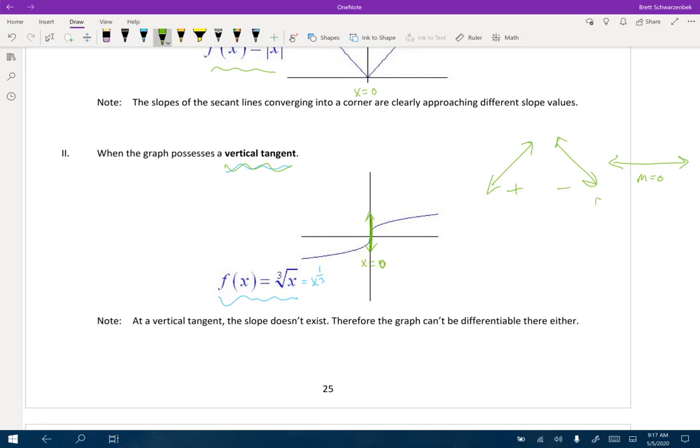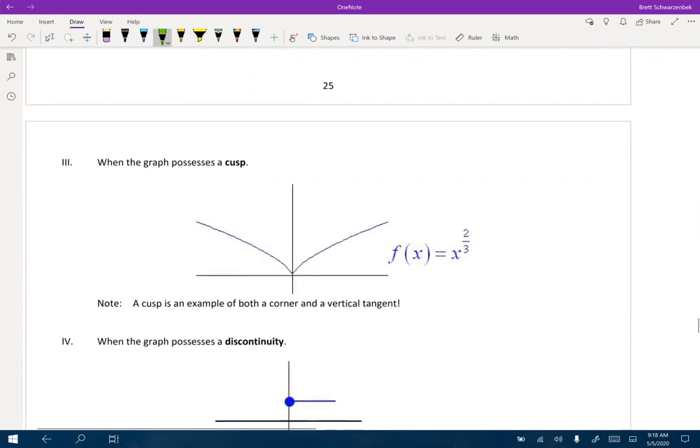But what do we know about the slope of vertical lines? It's actually undefined. So therefore, if we can't find the slope of this line, then it can't be differentiable at that point. So therefore, slope doesn't exist. Therefore, slope of tangent line doesn't exist. Therefore, not differentiable.